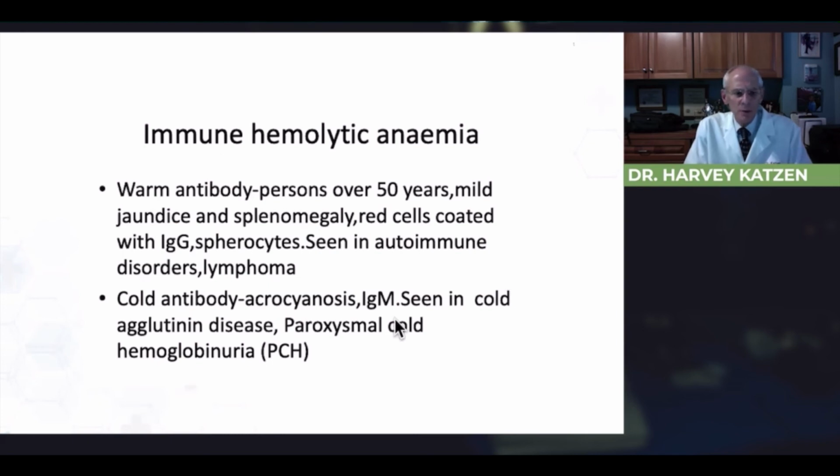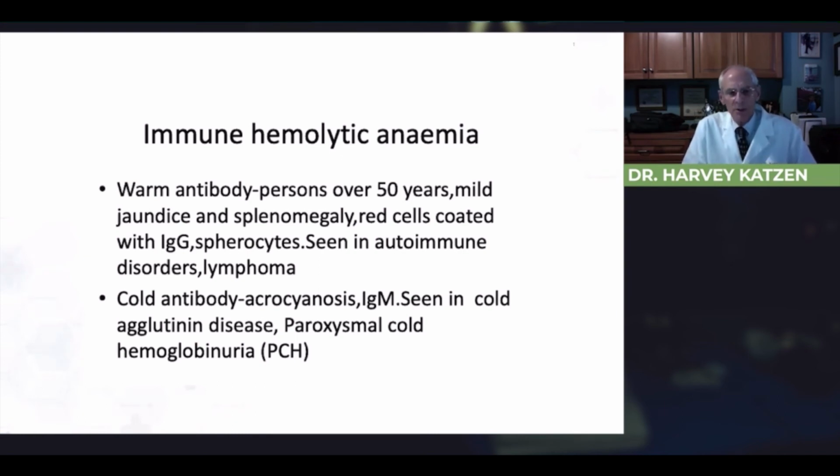So the immune hemolytic anemias are interesting because they can be primary. In other words, people are destroying their red blood cells as their only problem. Or an immune hemolytic anemia may be part of another problem, such as somebody with a lymphoma.